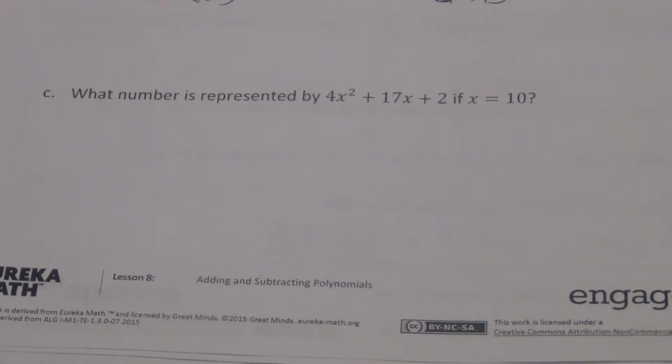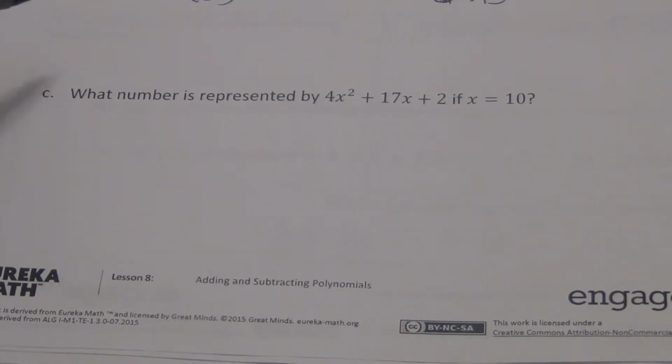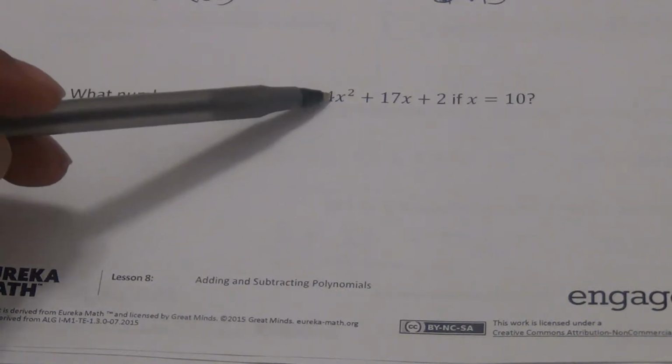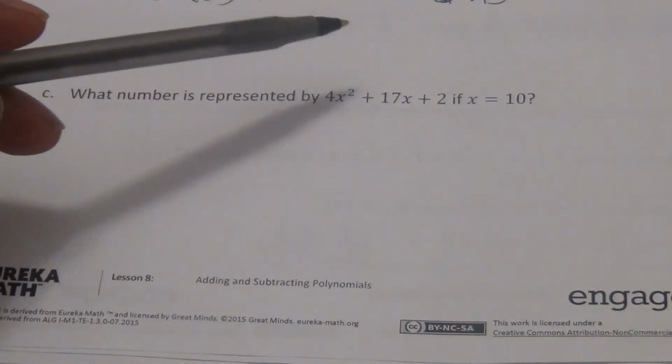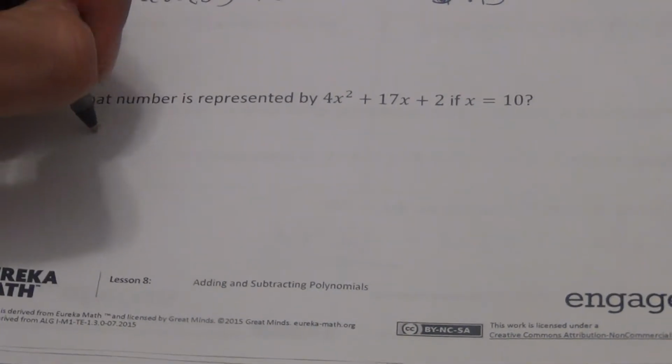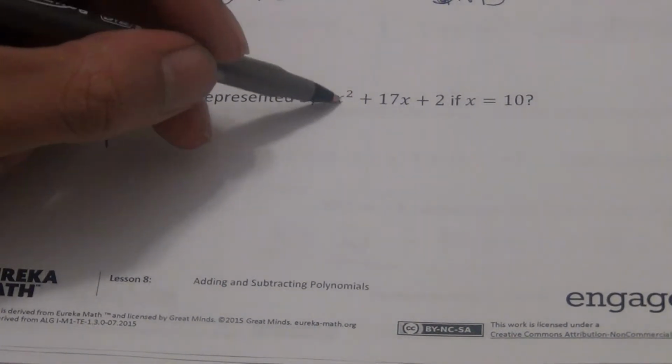Let's go to C. What number is represented by 4x squared plus 17x plus 2 if x is 10? Remember what x is. So this is 4 times x squared.